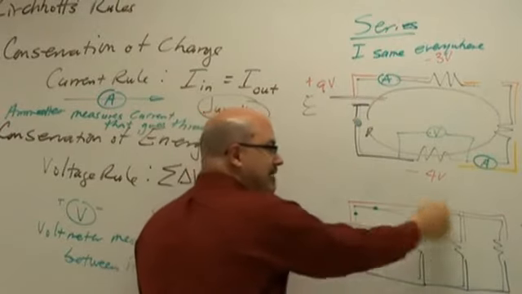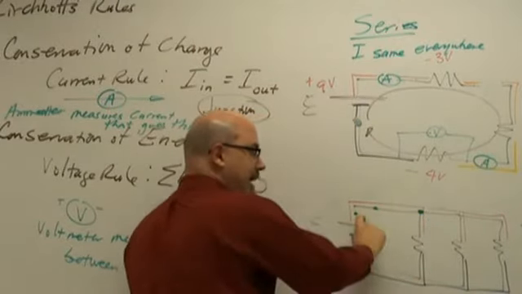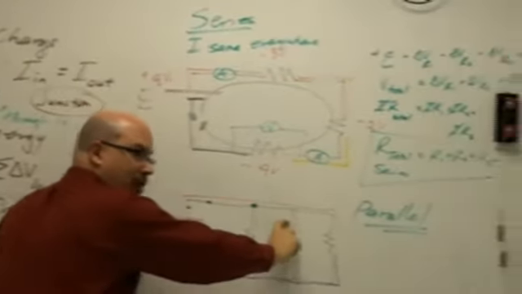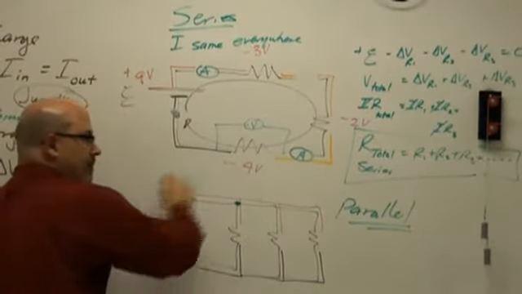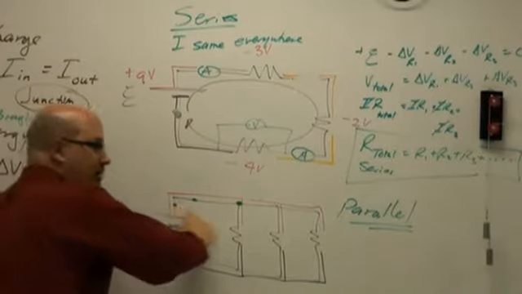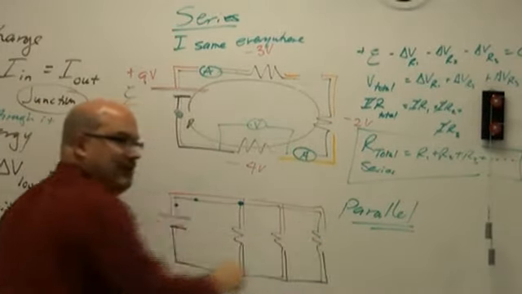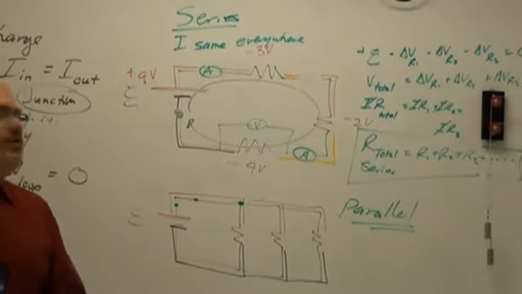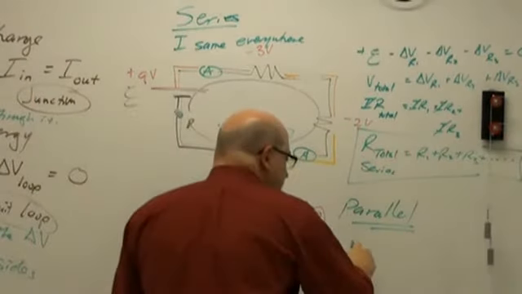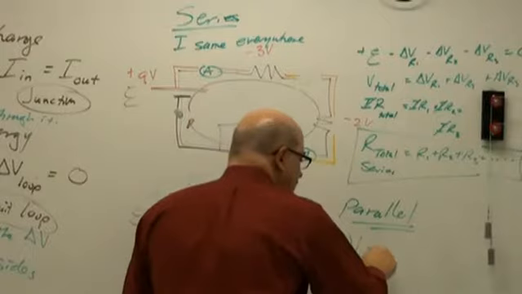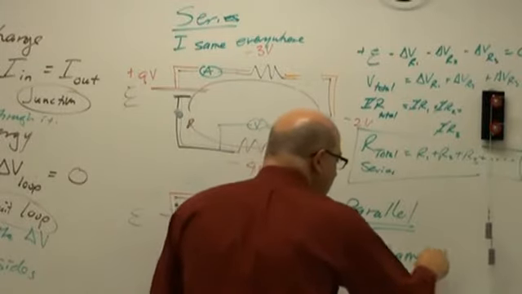And I got this loop, which means that red to purple equals red to purple. Or I could go around this loop, which means that difference and that difference have to be the same, right? So what does the voltage rule tell us? That parallel resistors have the same voltage.